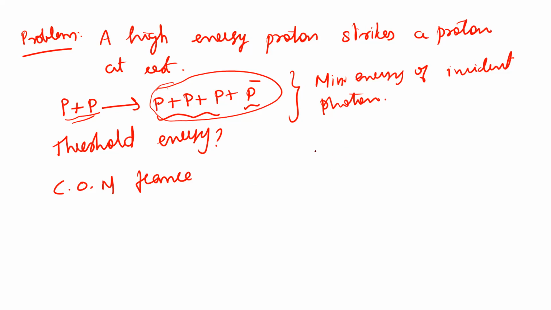In the laboratory frame, a proton is coming and hitting a proton at rest. In the center of mass frame, because they have the same mass, both protons come in opposite directions with equal speed. So in the center of mass frame, the total momentum 3 vector is equal to 0.